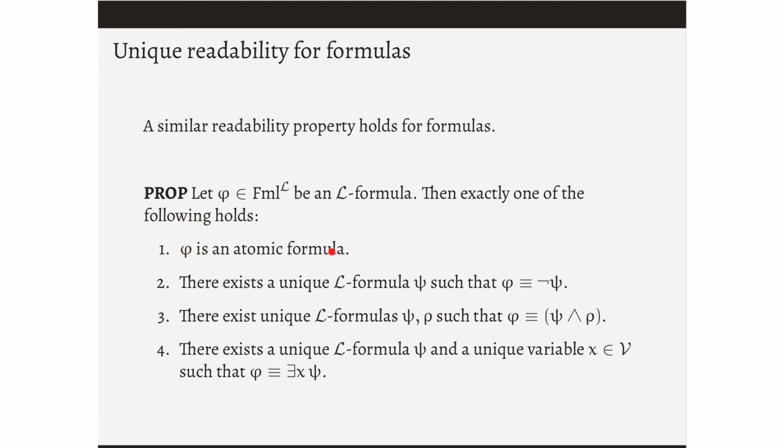It's either an atomic formula, or there exists a unique formula psi such that phi is the negation of psi, or there exist unique formulas psi and rho such that phi is the conjunction of psi and rho, or there exists a unique formula psi and a unique variable x such that phi is the existential quantification with x over psi.